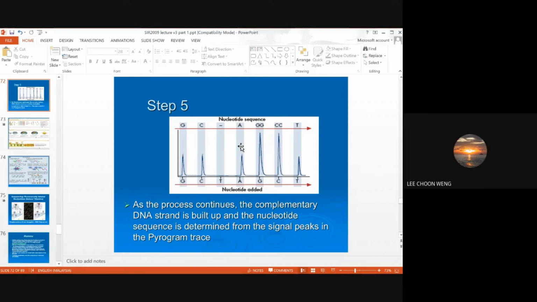Okay, so the light emitted no longer correlates with the amount of nucleotide incorporated. Okay, so pyrosequencing doesn't do so well with long stretches of the same nucleotides.